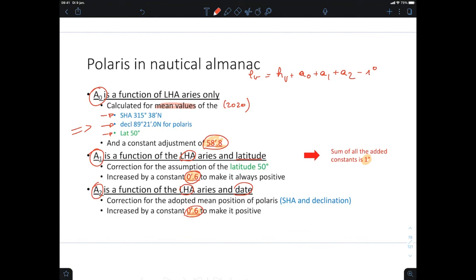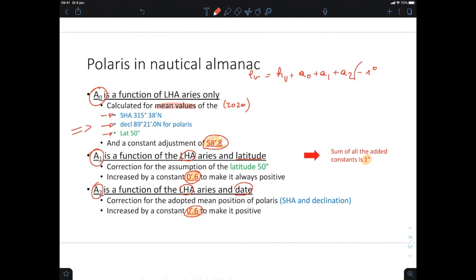Polaris has an apparent daily motion, so you can predict the path of Polaris, and this path is predicted by values for the SHA and declination. And so you need to correct the altitude that you have obtained for Polaris. You have to add corrections in function of latitude, local hour angle, and date, which are A0, A1, and A2. And then you have to subtract 1 degree.